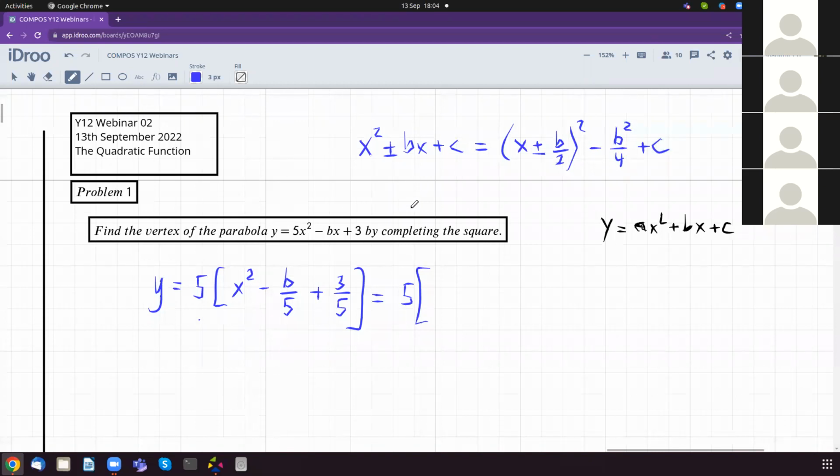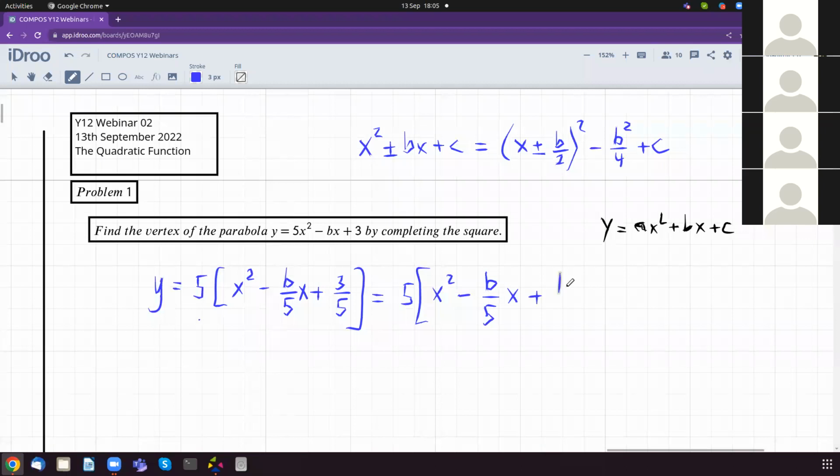You can use the formula, or you can just use common sense. There's an x here, and so we divide the second coefficient by 2 and square it. That's what's missing from the completed square. If you don't know how to complete the square, it's not the end of the world, but do learn that. That's incredibly important.